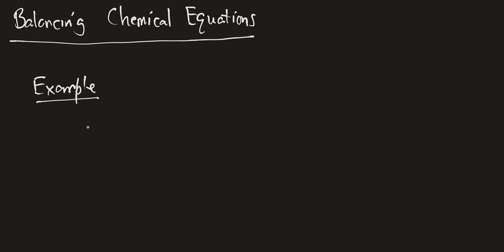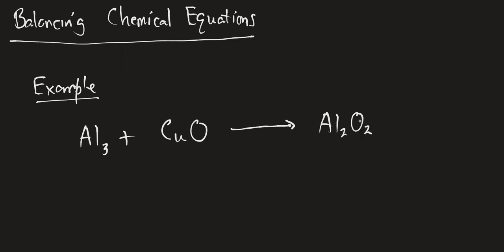So I'm going to write down a chemical equation: Al3 for aluminum, then CuO, copper oxide, and then it produces, in the presence of heat, aluminum oxide and then copper, so plus Cu. So that's an example of a chemical equation.